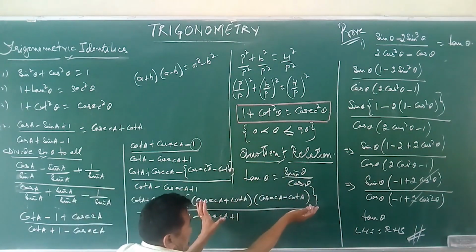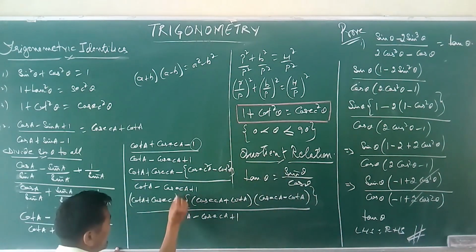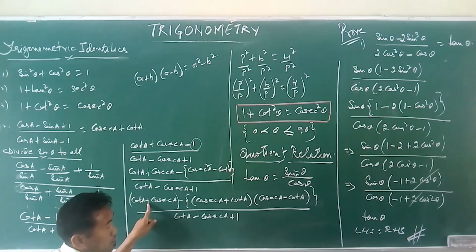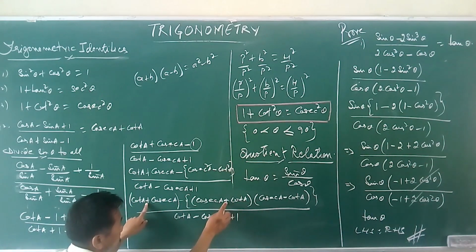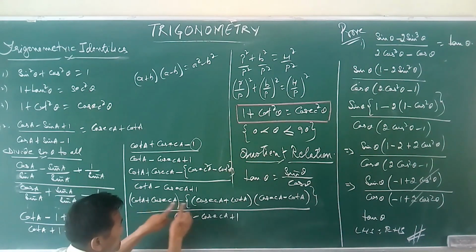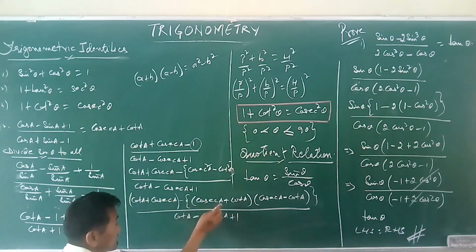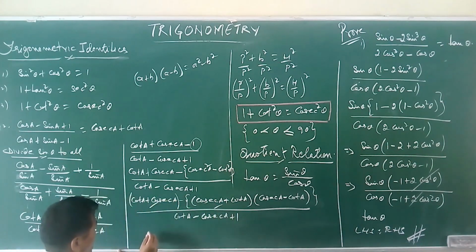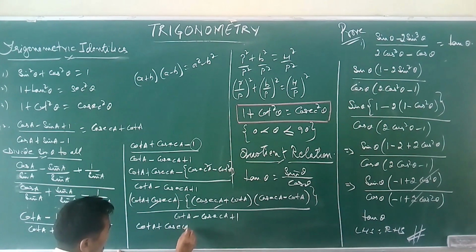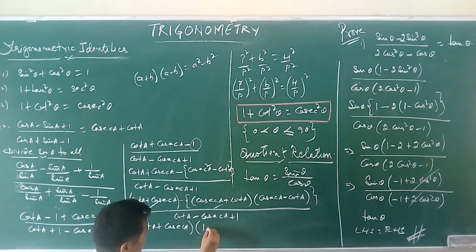Now from all of this, taking the positive part as common, cot of A plus cosec of A. Take this as common, and what is left here? 1 is left here, and from the other part is a negative.